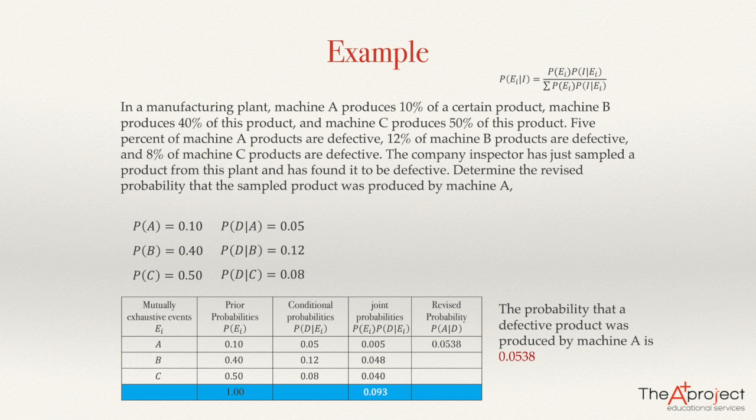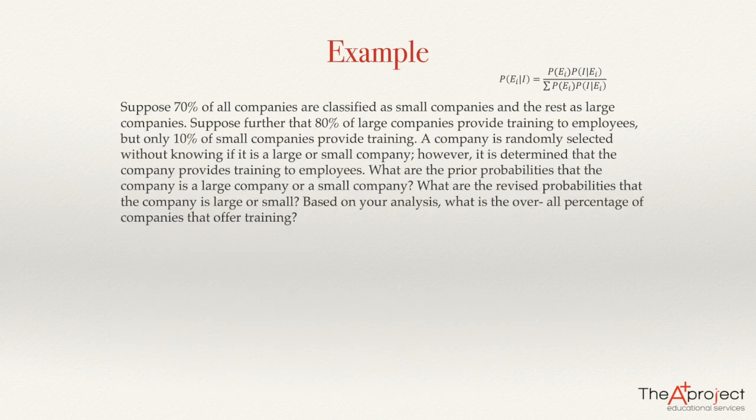Let's solve another example of the Bayes theorem. Suppose 70% of all companies are classified as small companies and the rest as large companies. Suppose further that 80% of large companies provide training to employees, but only 10% of small companies provide training.